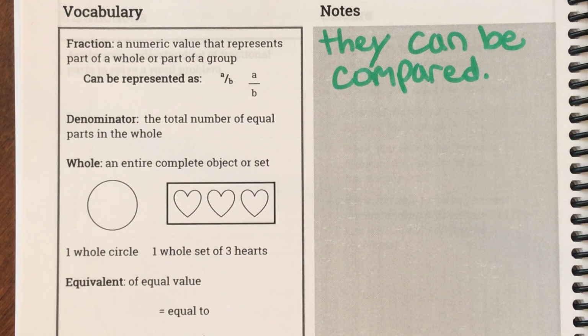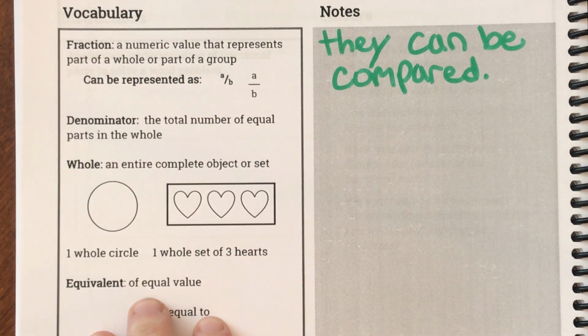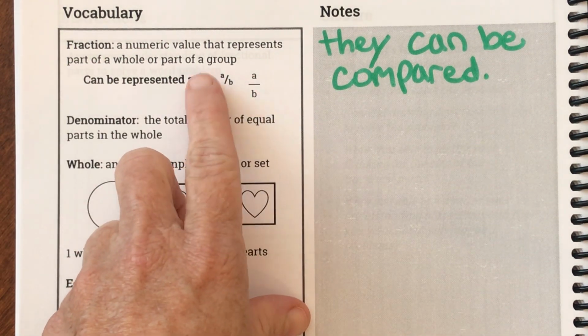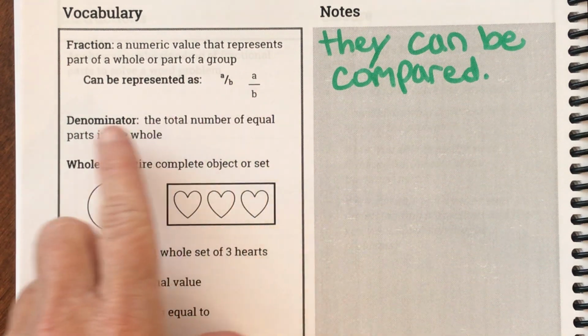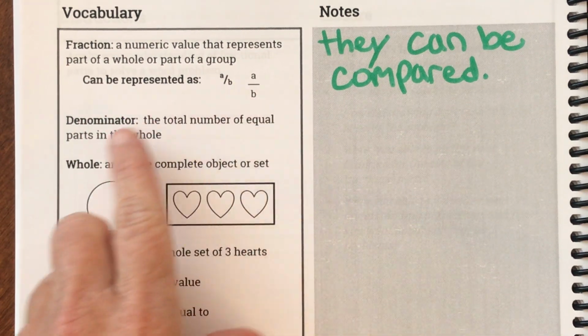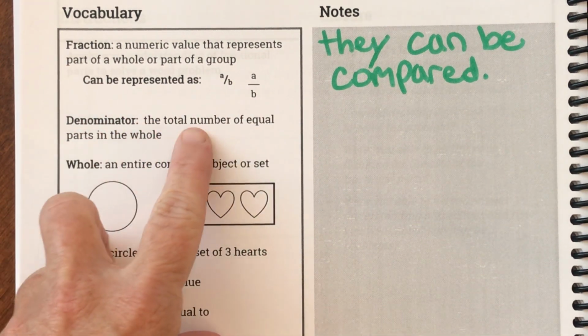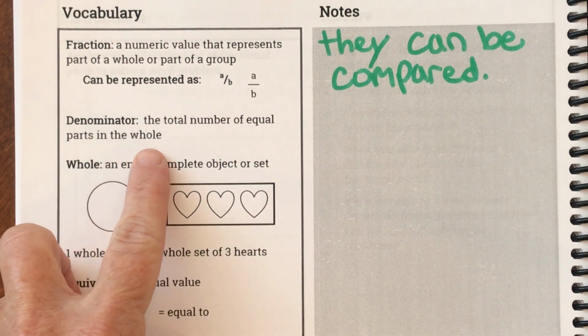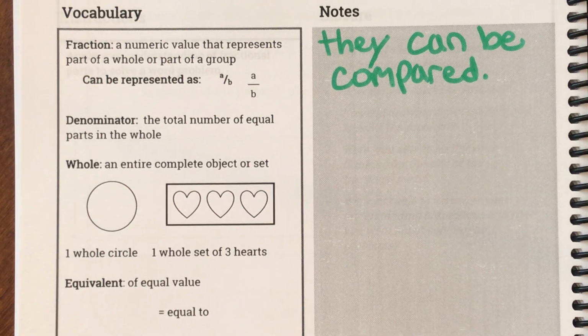It just depends on how someone is able to type it or write it. The top number, A, is called the numerator, and the bottom, the B, is called our denominator, the total number of equal parts in the whole. We'll talk a lot more about those.